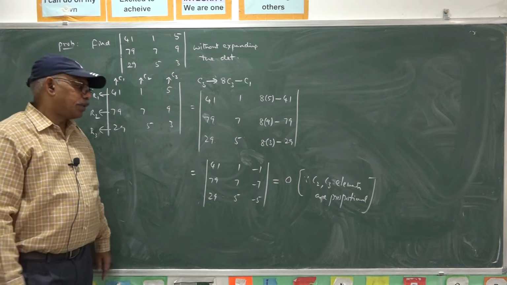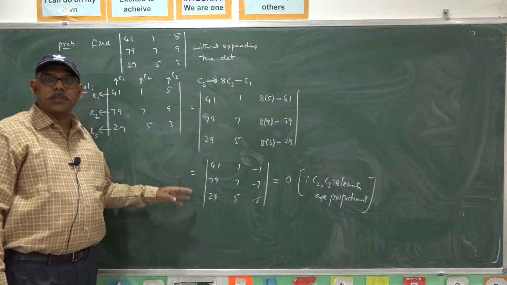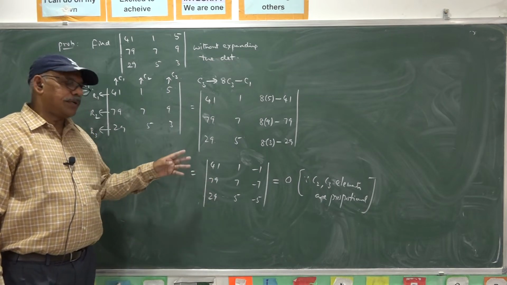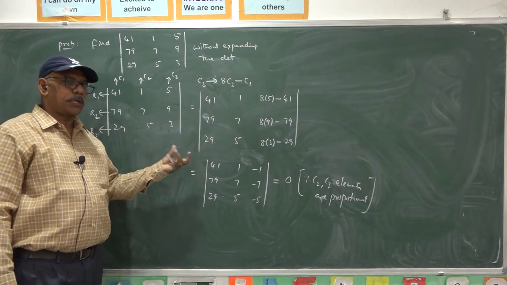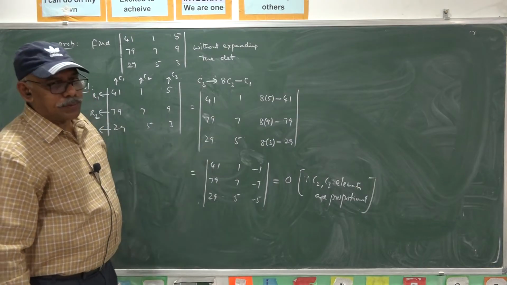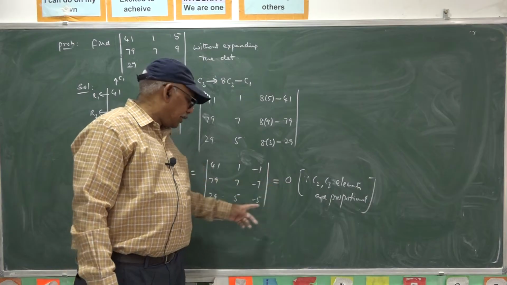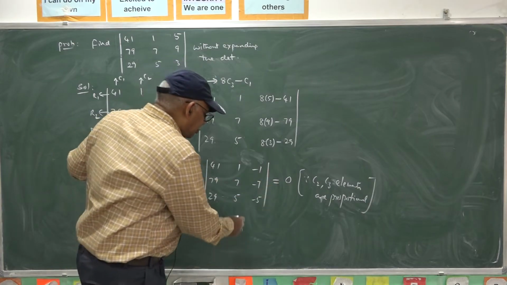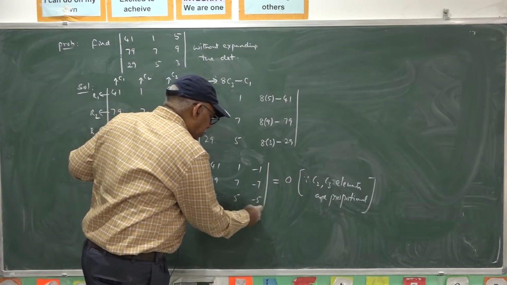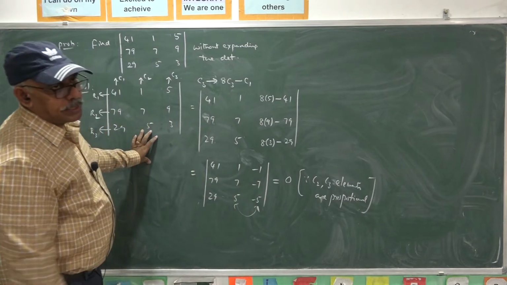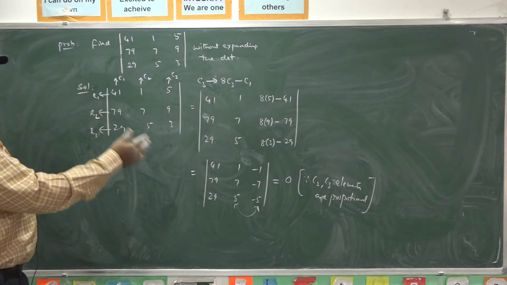If the elements of either two rows or two columns are proportional in the determinant, then the determinant value is clearly 0. Here these two columns are proportional. Hence, the determinant is clearly 0. The value is 0.